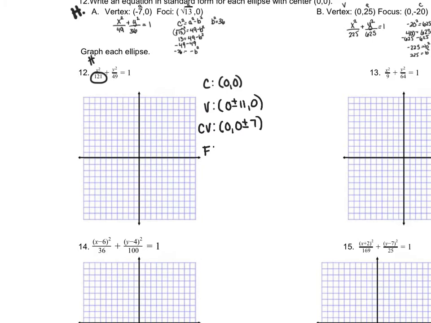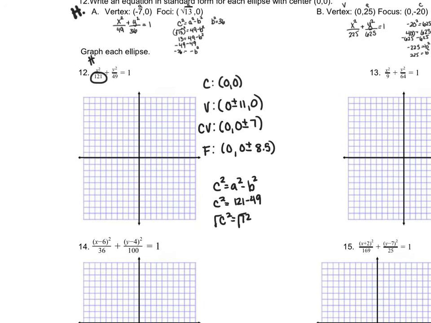And my foci, we have to find the c squared. So c squared equals a squared minus b squared. c squared equals 121 minus 49. c squared equals 72 square rooted. So my foci are going to be at 0 comma k, which is 0 plus or minus 8.5 roughly.